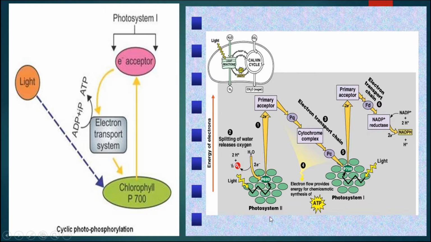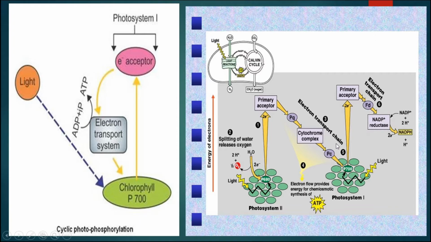Now this figure is showing the non-cyclic photophosphorylation, in which light energy is trapped by the reaction center P680, that is pigment system 2, and the electron is emitted, accepted by the primary acceptor, then it will move through plastoquinone, then the cytochrome complex, then plastocyanin, and then it will come to the next pigment system, that is P700 or pigment system 1.